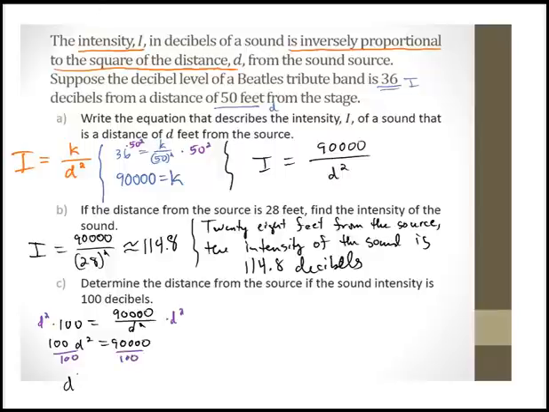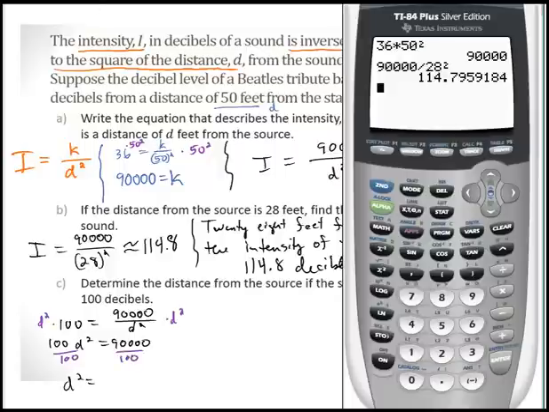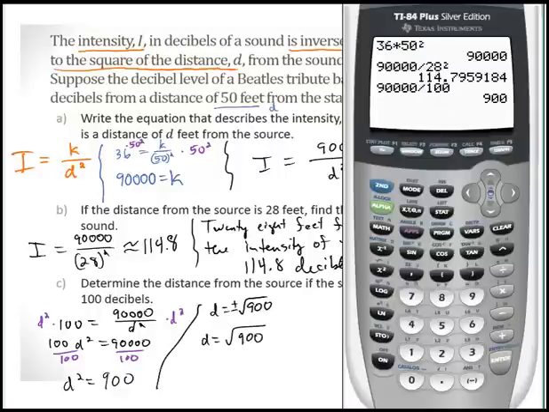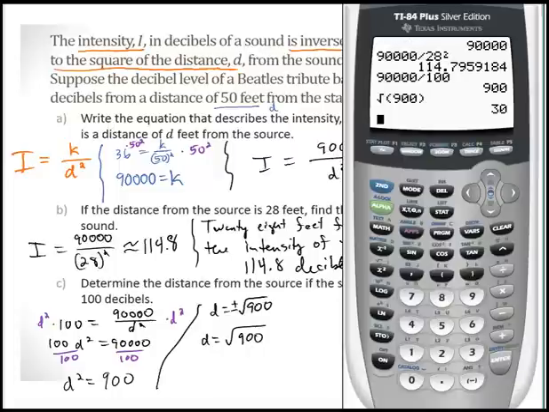And d squared is, let me just double check that, 90,000 divided by 100 is 900. And so then d would be plus or minus the square root of 900. But our distance is only going to be a positive value, so distance is the square root of 900, which is 30.